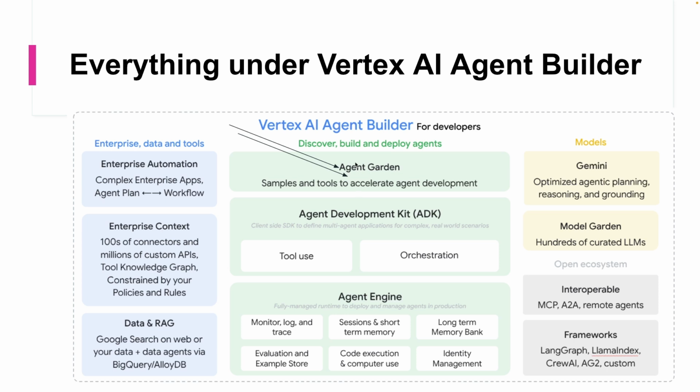I'll show you in a separate video how you can use samples and tools to accelerate your agent building. There are some pre-built agents that you can directly use. Then you have something called Agent Development Kit, which we have already discussed. It is an open source framework that simplifies the process of building multi-agent systems.